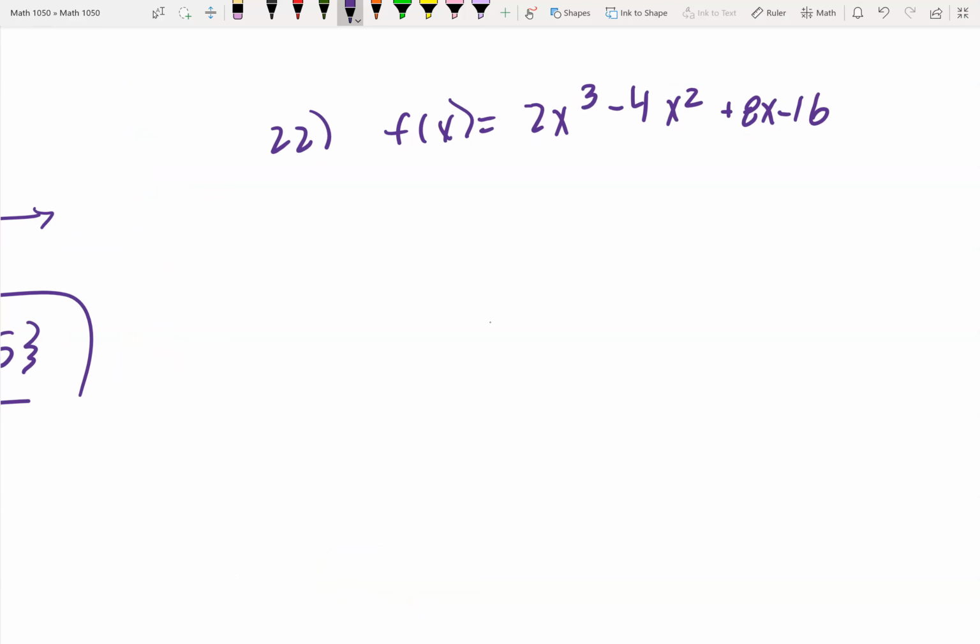So if you just sit and plug those in, if you go 1 store, enter, 2 membar, enter, raise it to the third, minus 4 membar, enter, x squared, plus 8 membar, enter, minus 16, hit enter. It didn't work because I didn't get a 0. Then if I go 1 divided by 3, store, enter, up, enter, didn't get a 0. 2 store, enter, up, enter, I got a 0.